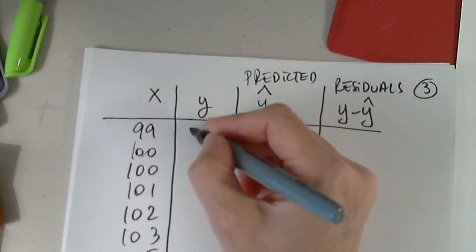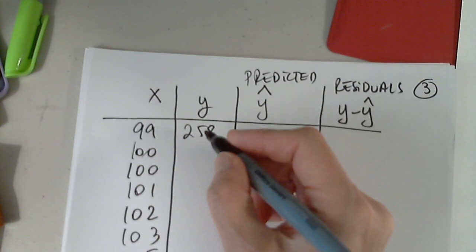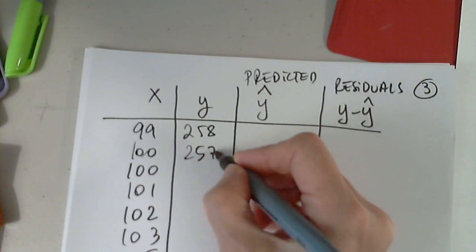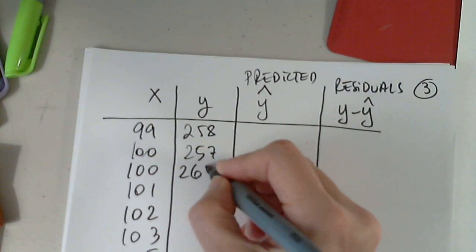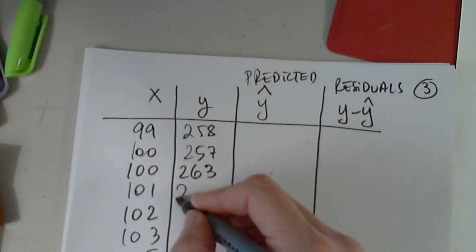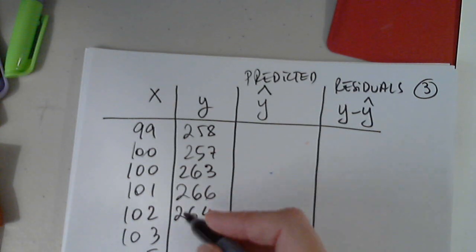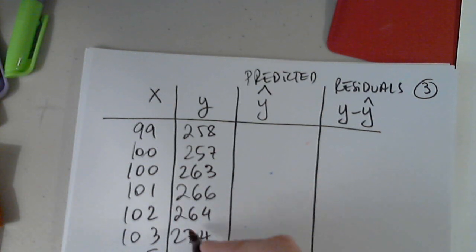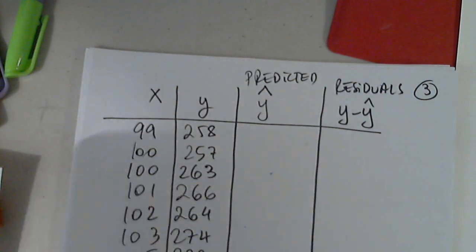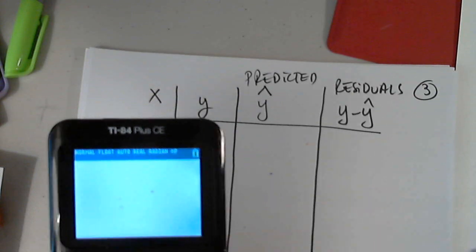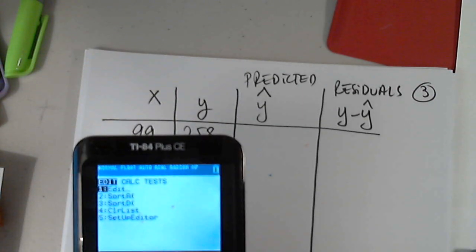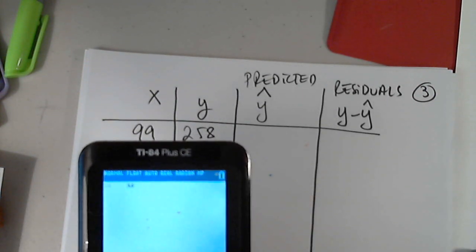The y values are correspondingly 258. You have them in the calculator if you already entered them with me. 266, 264, 274, 277, and 275. Okay, now let's get our calculators. Go back to lists, edit, stats, and edit.